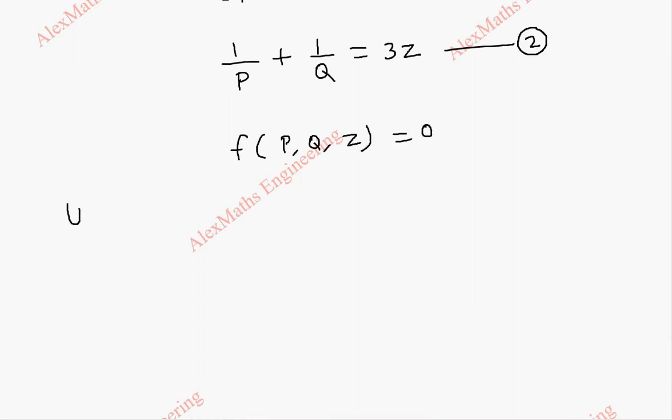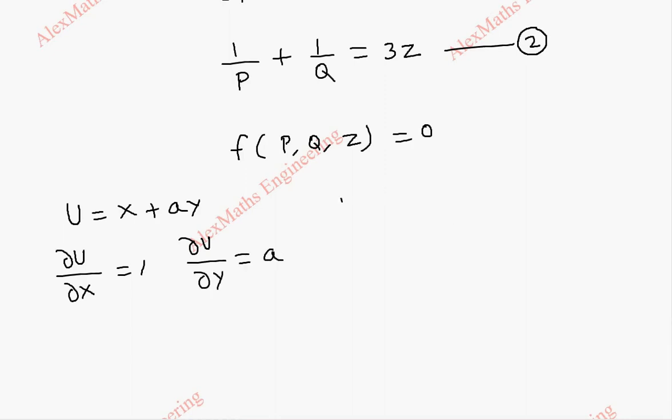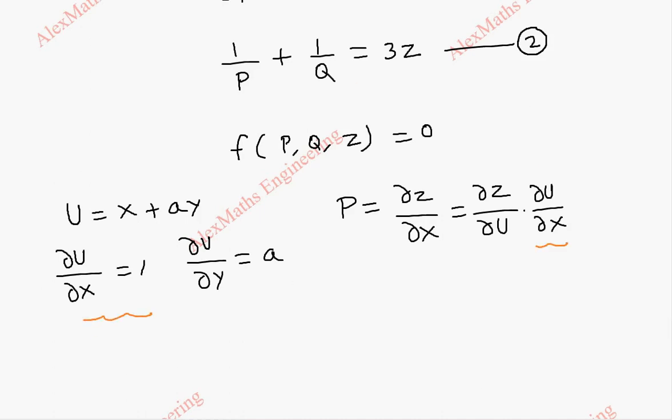So for this we give the substitution capital U as capital X plus A capital Y. From this, dou u by dou X will be 1 and dou u by dou Y will be A. And now capital P, which is dou z by dou capital X, is written as dou z by dou u into dou u by dou X. Now replacing this value here, we get capital P equal to dou z by dou u.